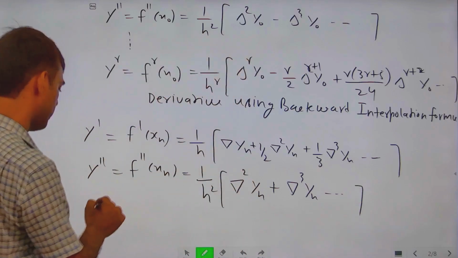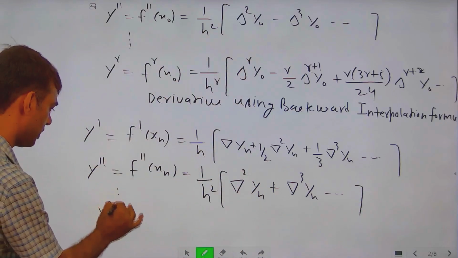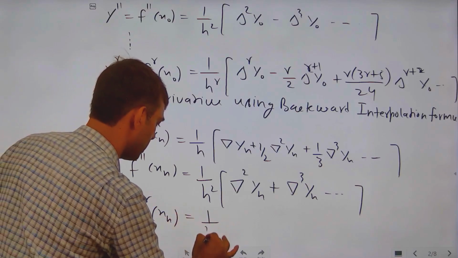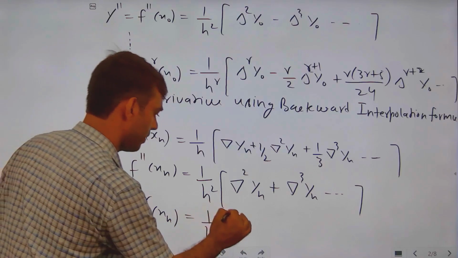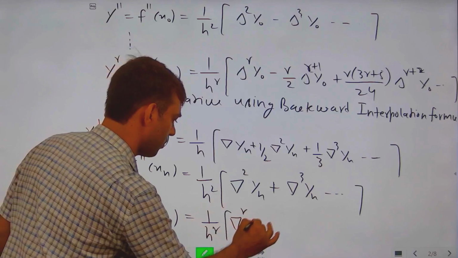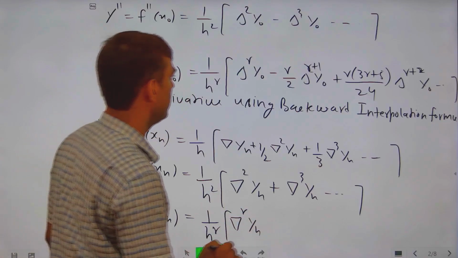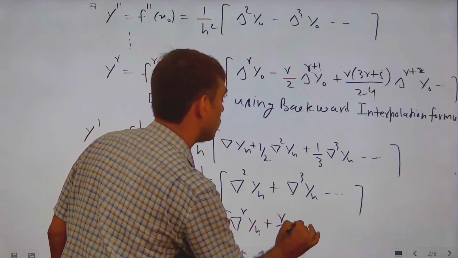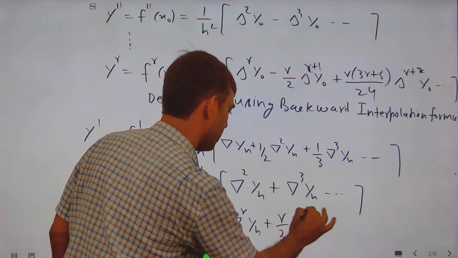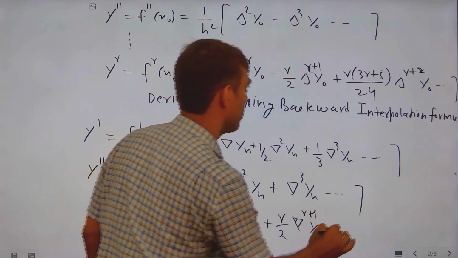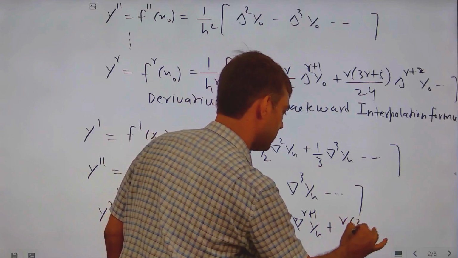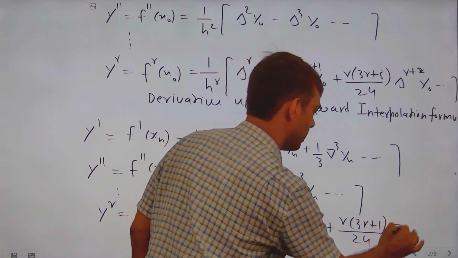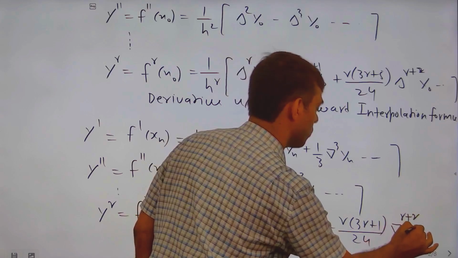If we generalize this, y^(r) equals f^(r)(xn) equals 1 upon h^r, ∇^r yn plus r/2 ∇^(r+1) yn plus r(3r+1)/24 ∇^(r+2) yn.